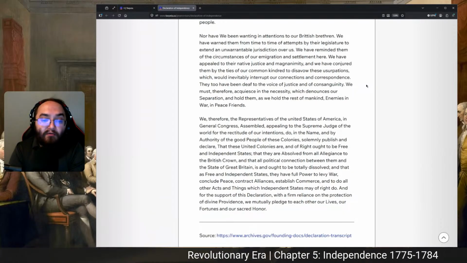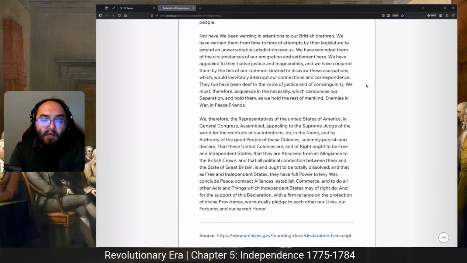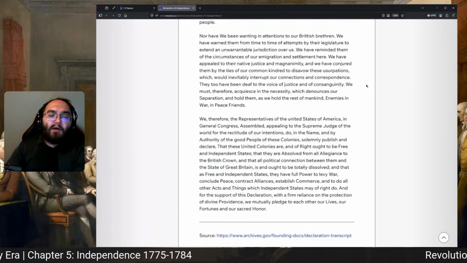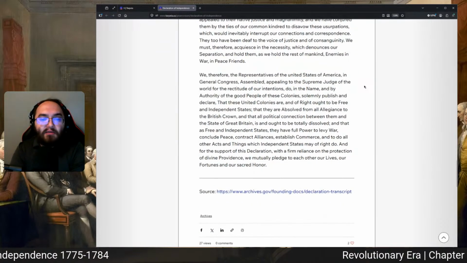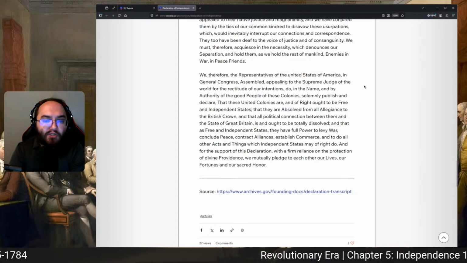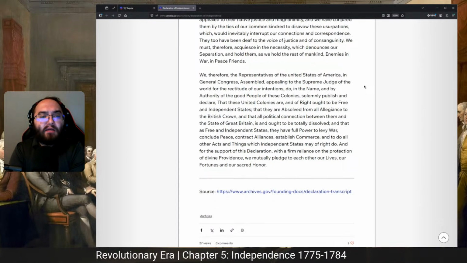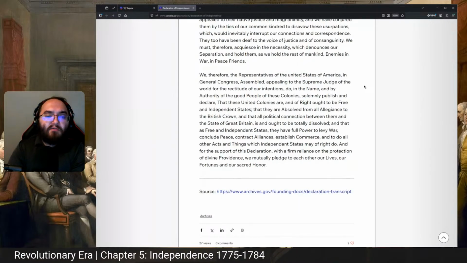They too have been deaf to the voice of justice and of consanguinity. We must therefore acquiesce in the necessity which denounces our separation, and hold them, as we hold the rest of mankind, enemies in war, in peace, friends.